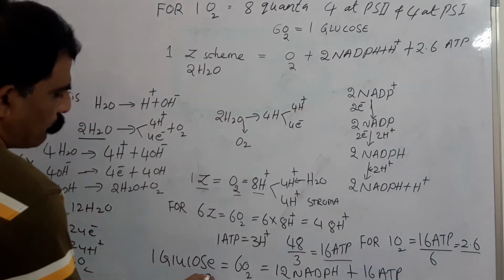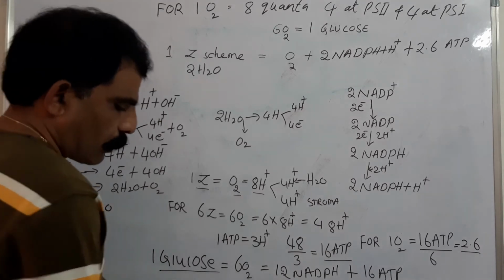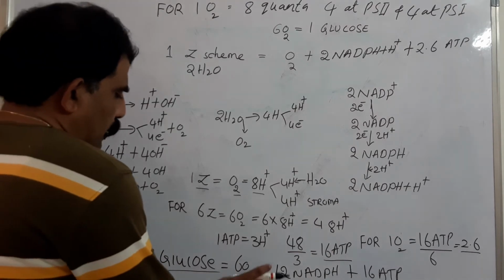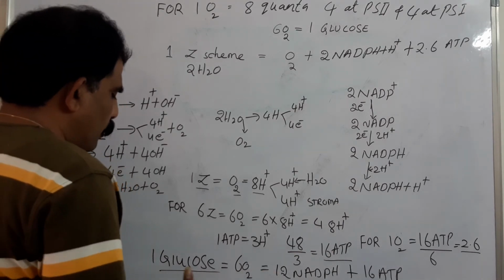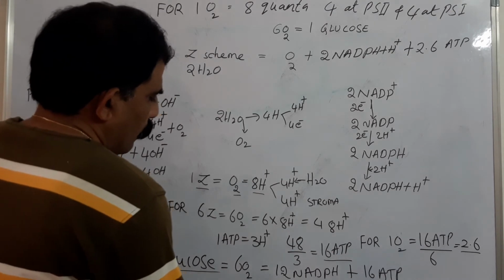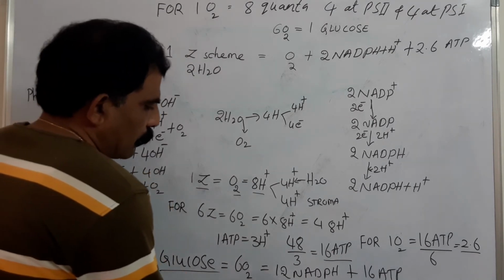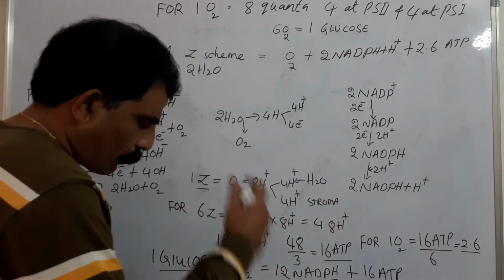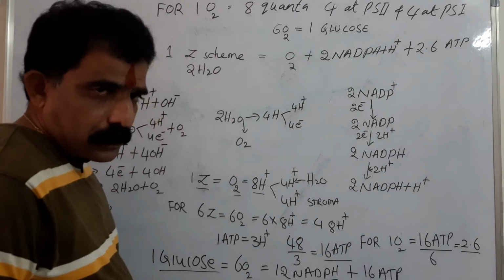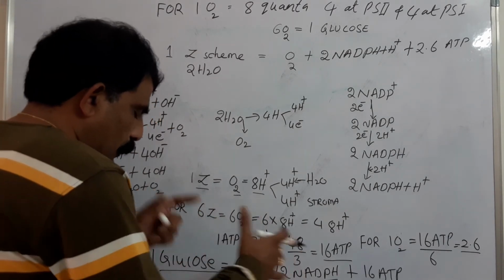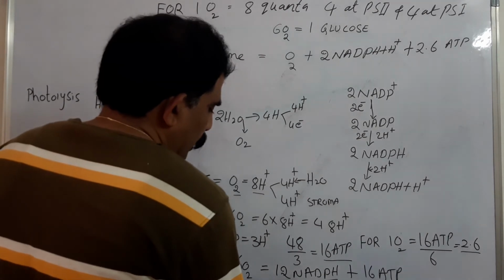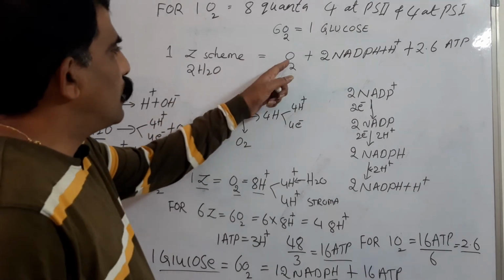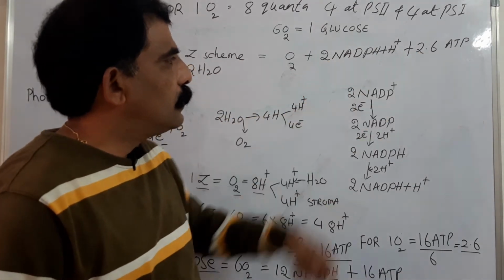Okay, for the formation of one glucose molecule, 6 oxygen molecules are evolved. If 6 oxygen molecules are evolved, that means one glucose is formed. For this we need 12 NADPH. Actually, we need 18 ATP and 12 NADPH. But during the evolution of 6 oxygens, we get only 12 NADPH and 16 ATP, because during the evolution of 1 oxygen, we get 2 NADPH and 2.6 ATP.